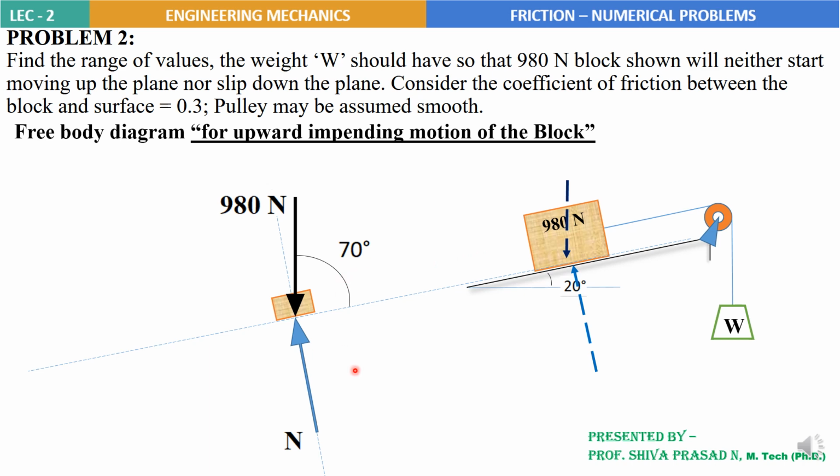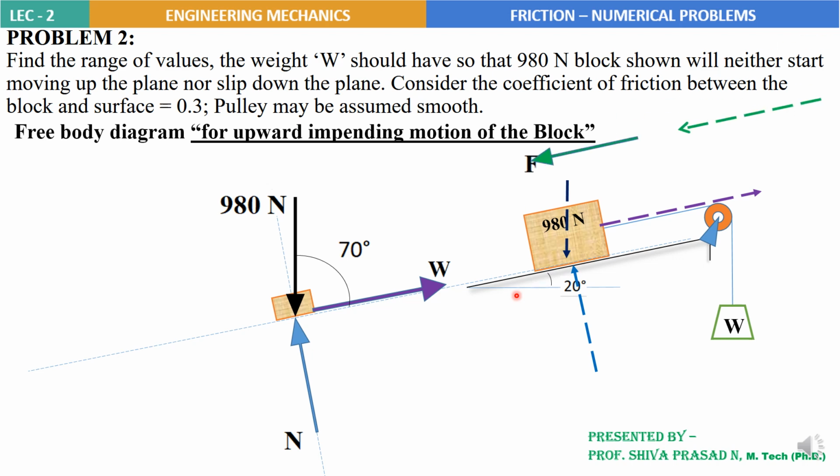That is the next force you can consider, the applied force toward the right side direction. Because this case is for impending motion of the block in the upward direction, the frictional force will be opposite to that direction, that is downward.